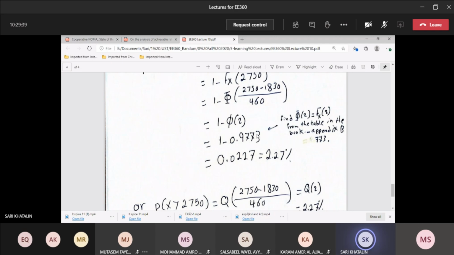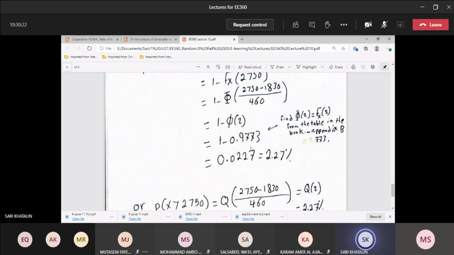So in this case, it's going to be 1 minus 0.9773. Of course, if you have the tables, you can read it, as we said, they are in appendix B. So for phi of 2, it's going to be 0.9773. When you do the math, the probability of the clouds being higher than 2,750 is about 2.27%. It's very low, but this is how the math is shown.